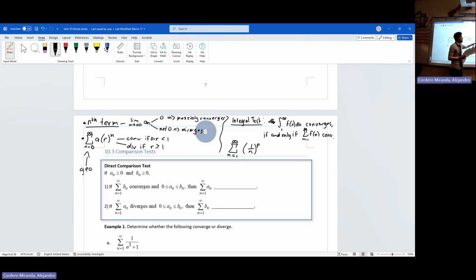Or sometimes you'll see it as 1 over n to the p, or the whole 1 over n to the p. But these converge. Do you remember when? In terms of the p, what should the p be? Bigger than 1? Yeah, exactly. The bigger it is, the quicker the terms shrink, so there's more of a chance of converging. So it converges if p is bigger than 1, and diverges otherwise.